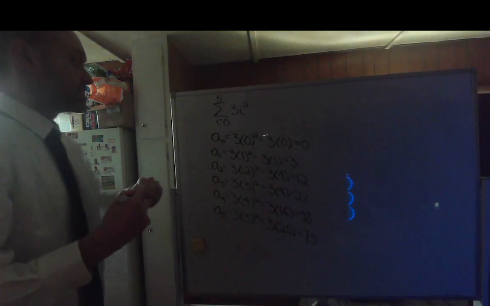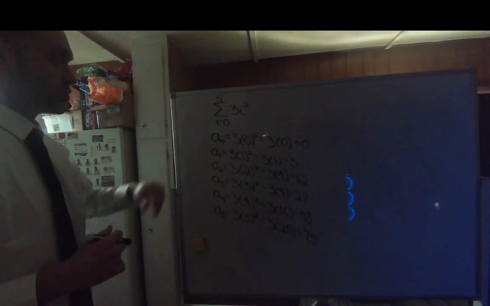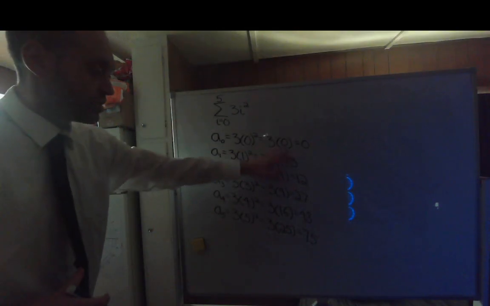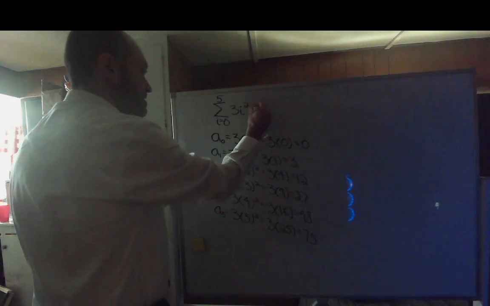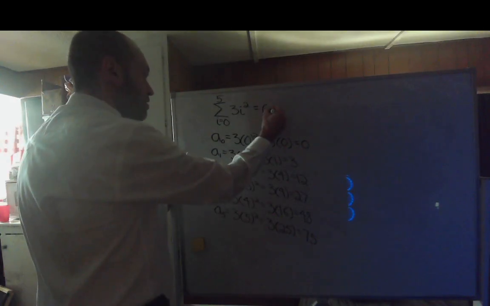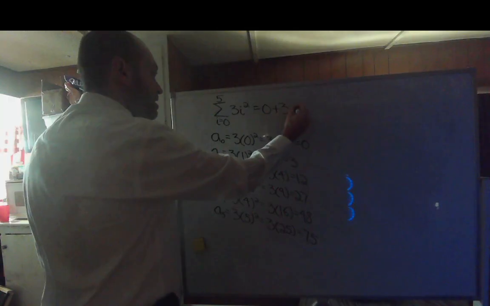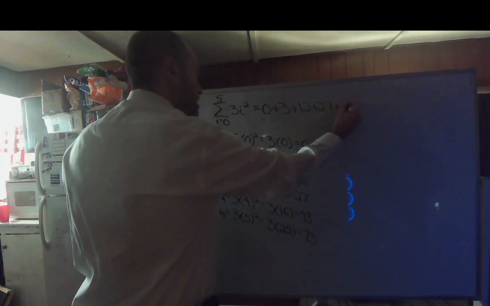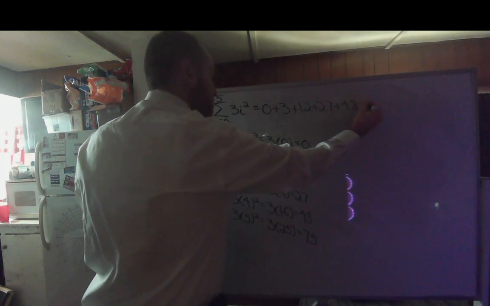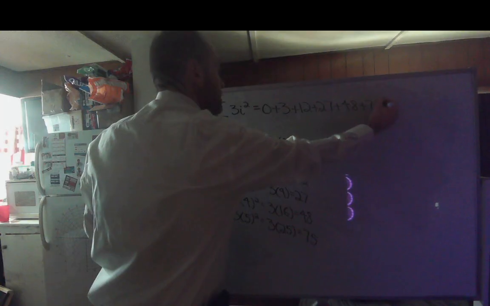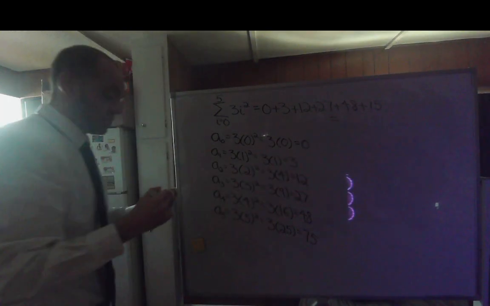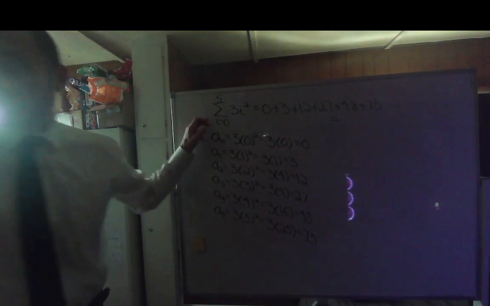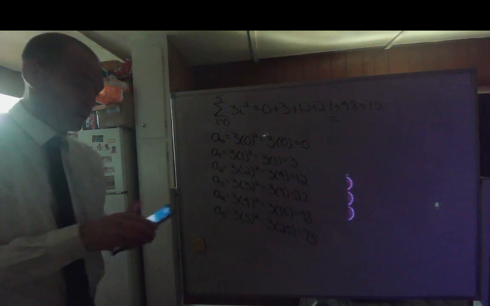So what this sum is saying is that it's going to be from 0 to 5 of all these terms added together. So this is the same thing as taking 0 plus 3 plus 12 plus 27 plus 48 plus 75. And then we're actually going to add all 6 of these terms together. There are 6 terms because i started at 0.